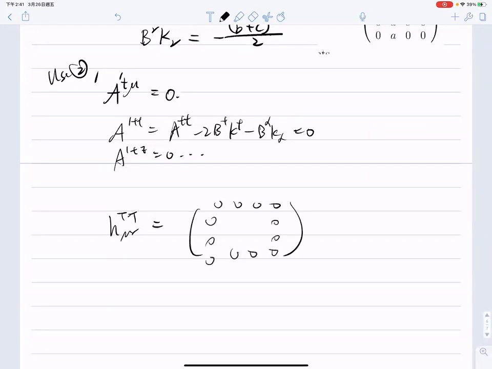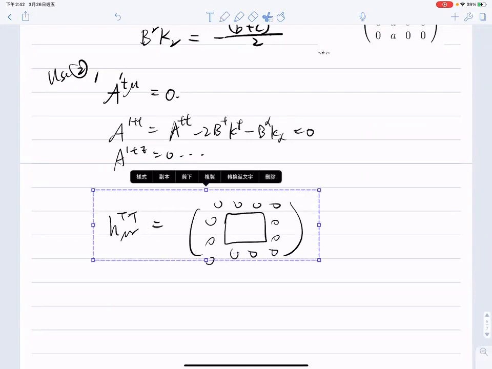All the others equal to 0. It only has 4 components left in the center of the matrix.